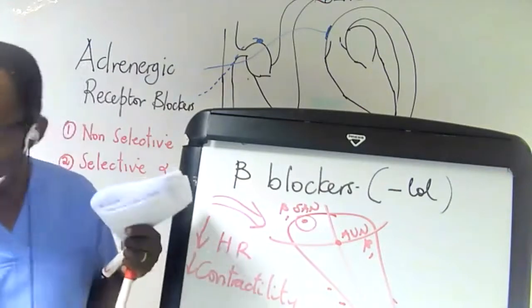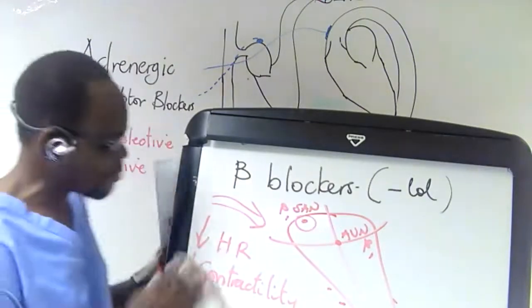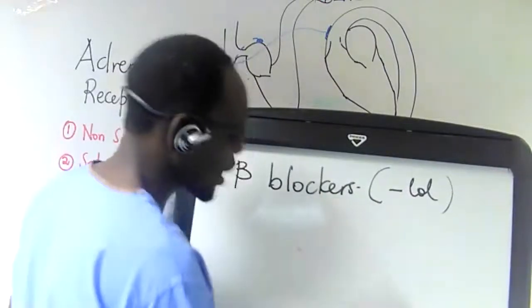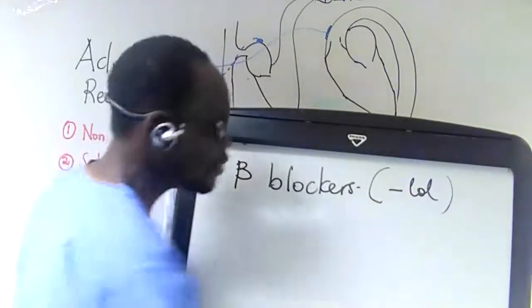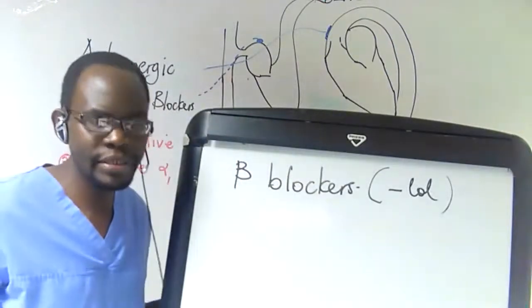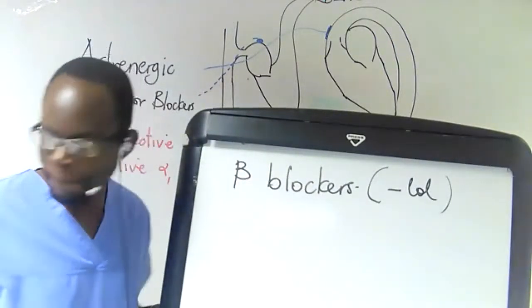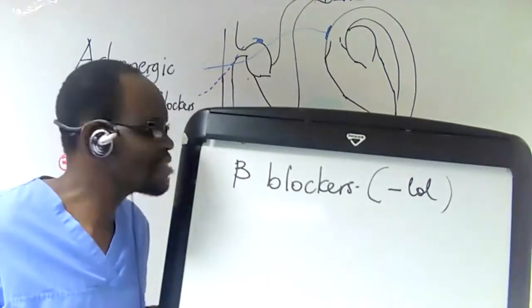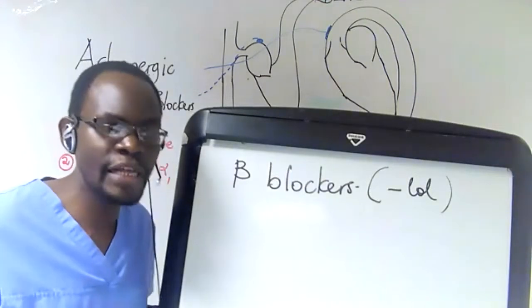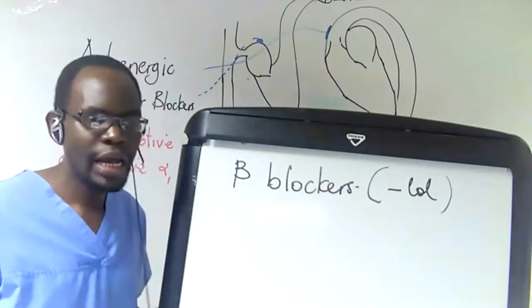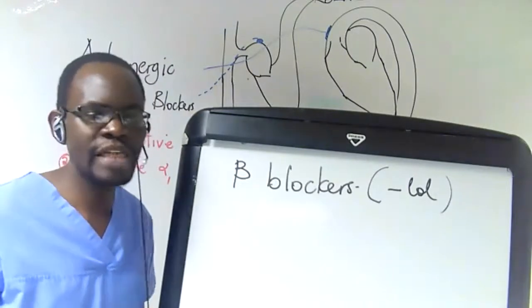Now, beta-1 receptors are not only located in the heart, but they are also located in the juxtaglomerular apparatus. Once the beta-1 receptors are stimulated, they will cause activation of the RAS, the renin-angiotensin aldosterone system.